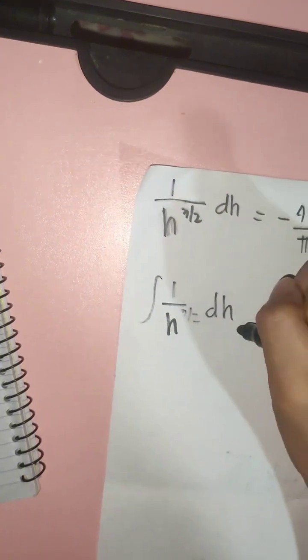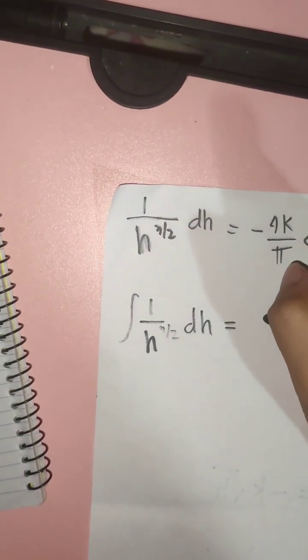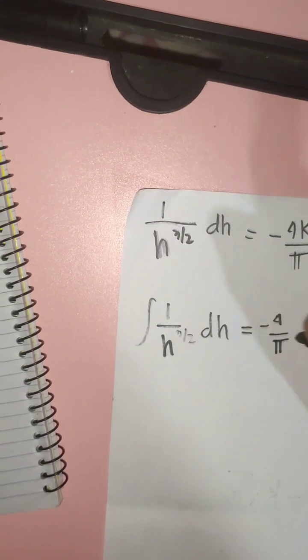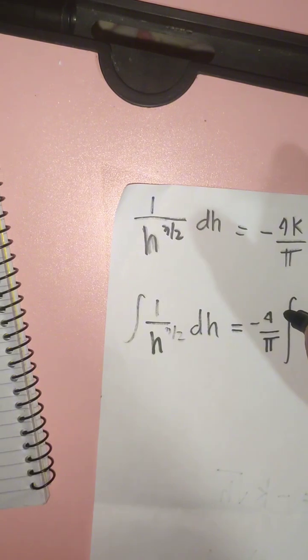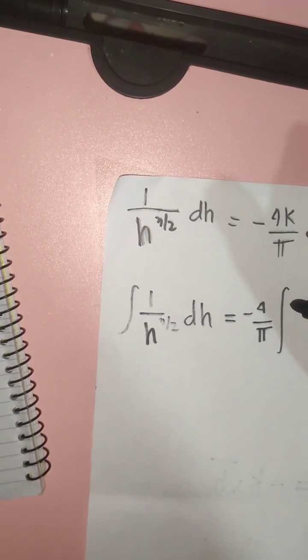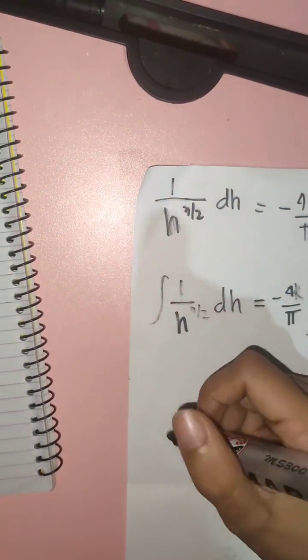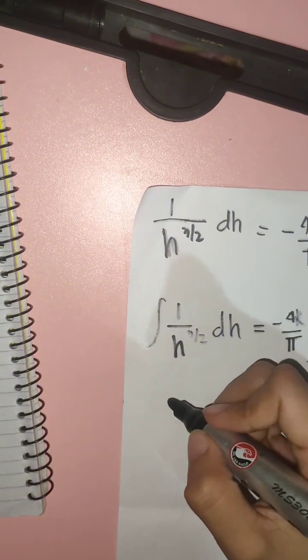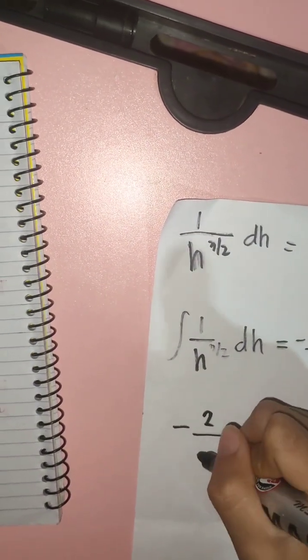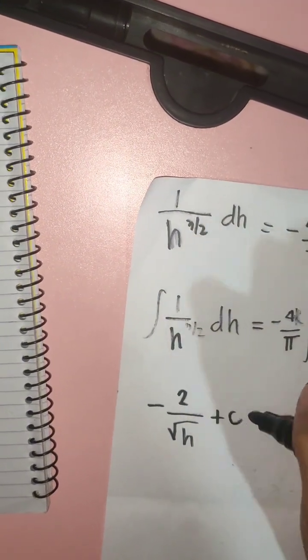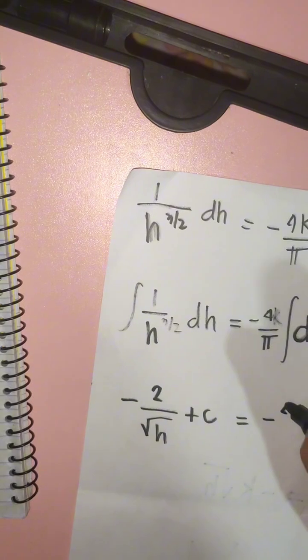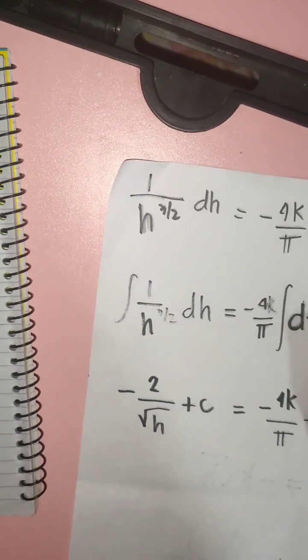So we have the integral of 1 over h to the power of 3 halves dh, and the integral of negative 4k over pi dt. So we got negative 2 over square root of h plus c is equal to negative 4k over pi t plus c.